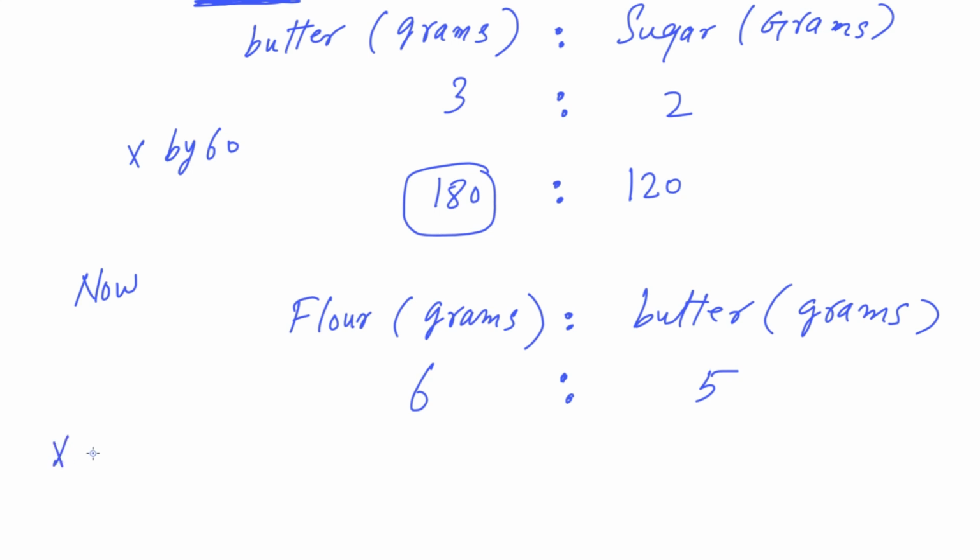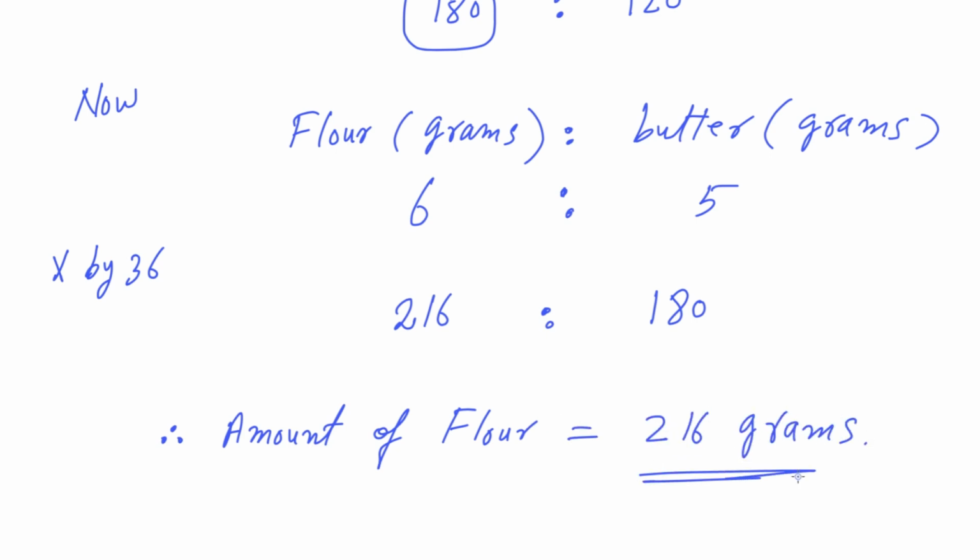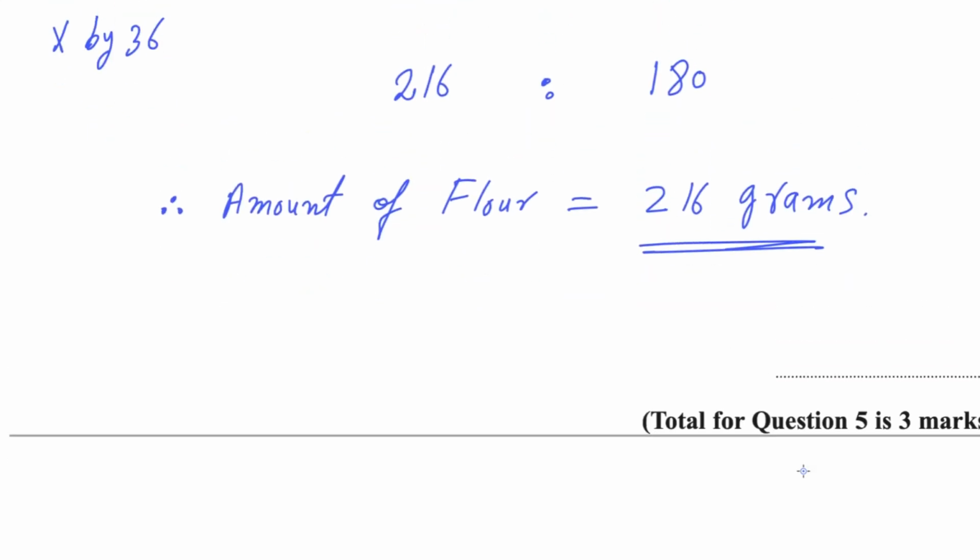So multiply this number by 36. If you multiply this number by 36, you get here 216. And this one will be 180 for sure. 36 multiply 5 will be 180. Therefore, amount of flour is 216 grams. Okay, so 216 right here.